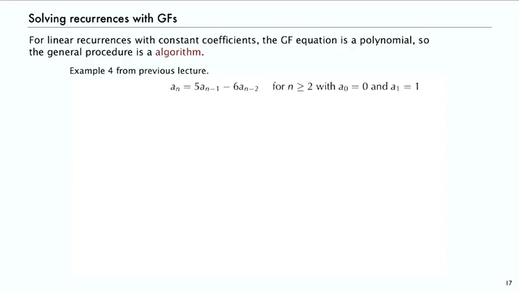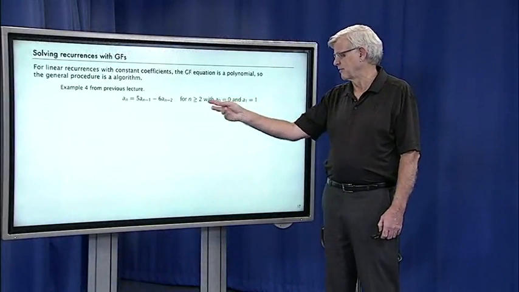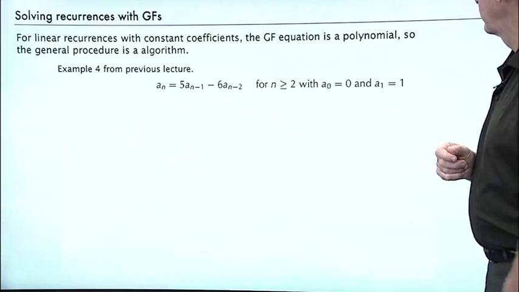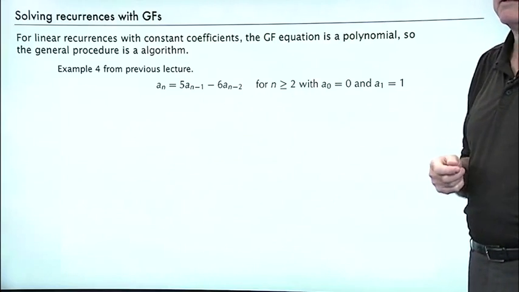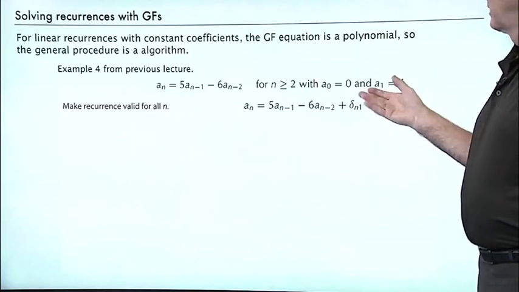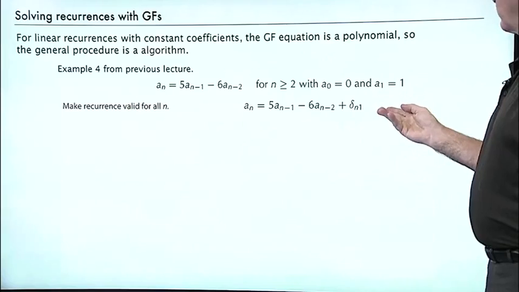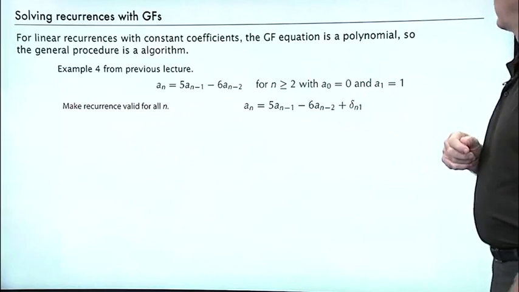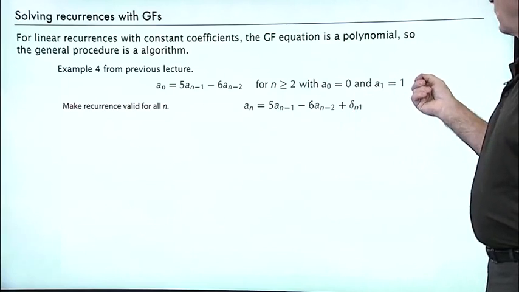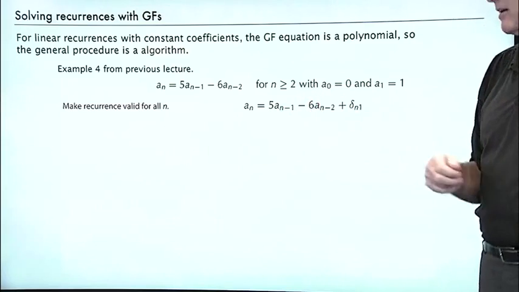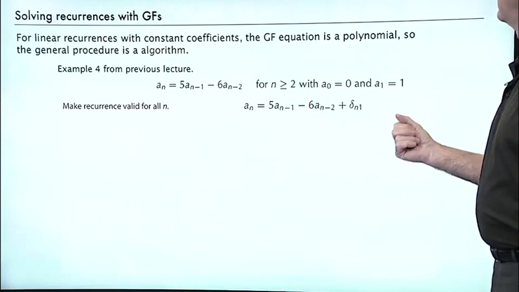So that's a recurrence that is defined for n bigger than 2, with the initial conditions a0 equals 0 and a1 equals 1. So the first thing is make it valid for all n greater or equal to 0. And so all we do is use the Kronecker delta notation. And you assume that for negative indices it's 0.